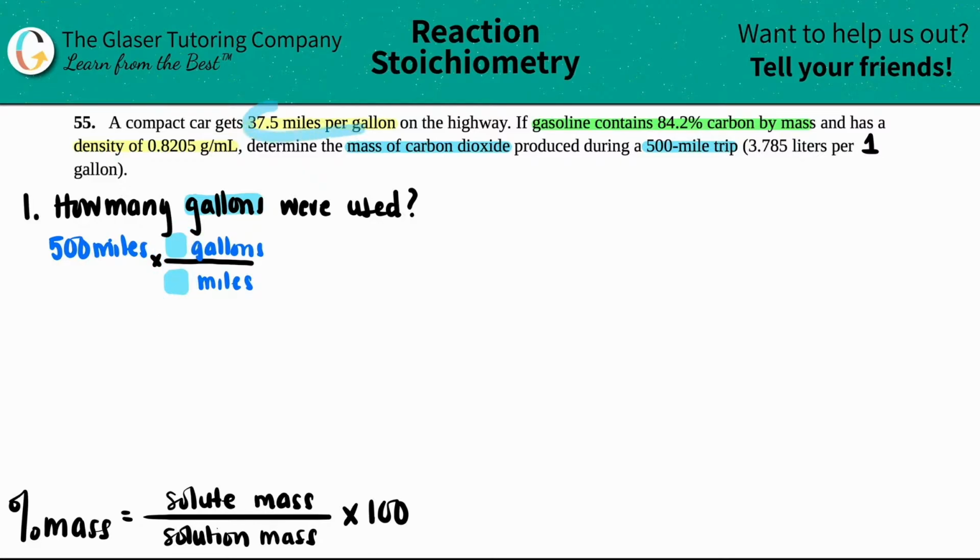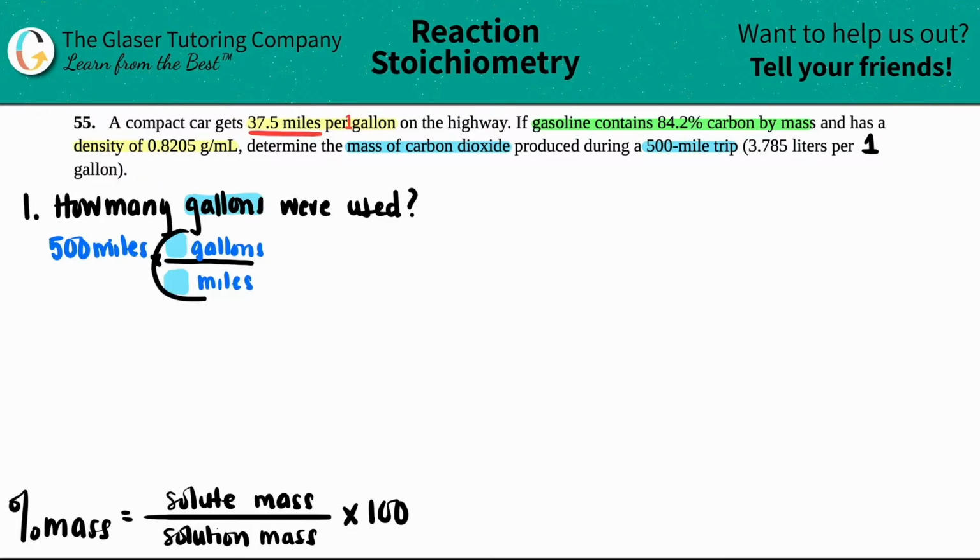Well, that's this information right here. They tell us that this compact car gets 37.5 miles per gallon. And per how many gallons? It's per 1 gallon. So the 37.5 goes with the miles, and the 1 goes with the gallon.